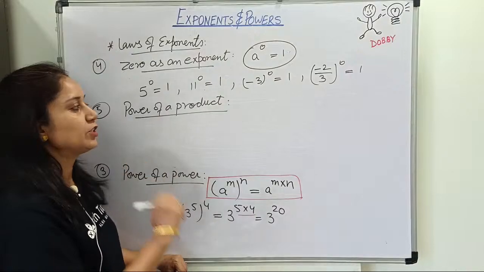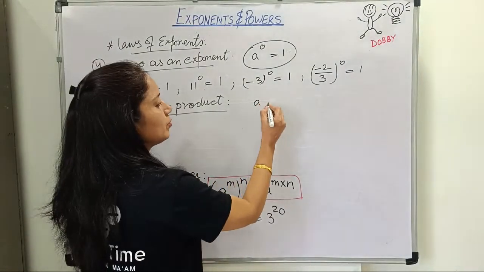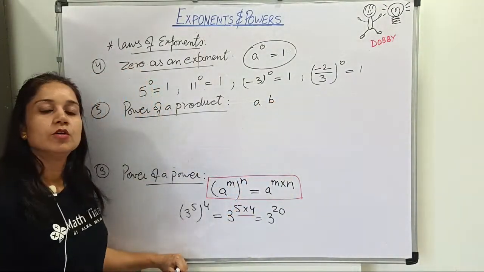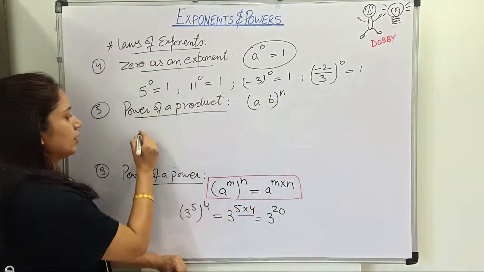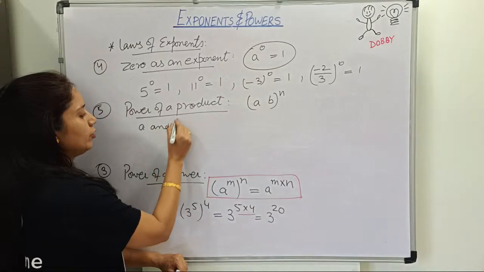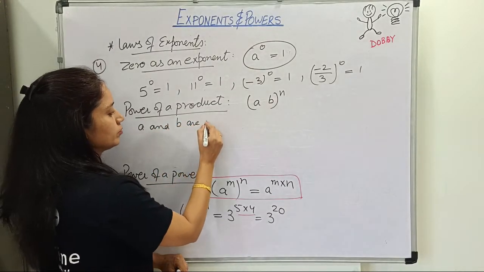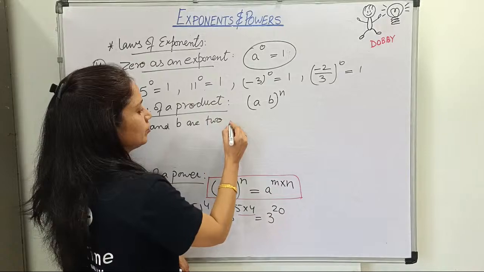You are having two rational numbers. A is one rational number, B is another rational number, two different rational numbers raised to the power n.